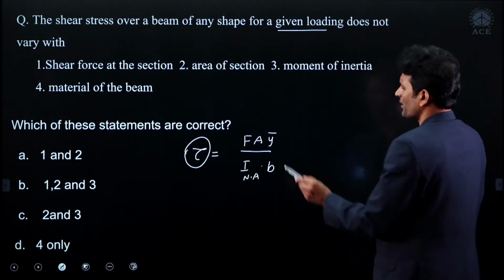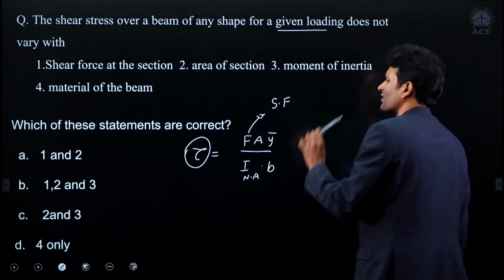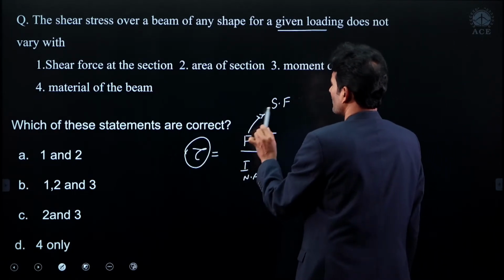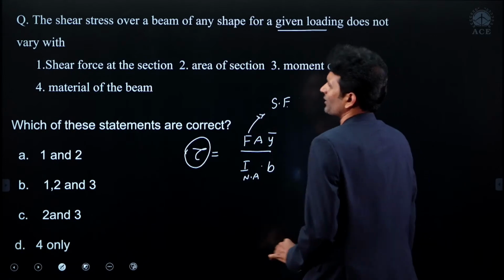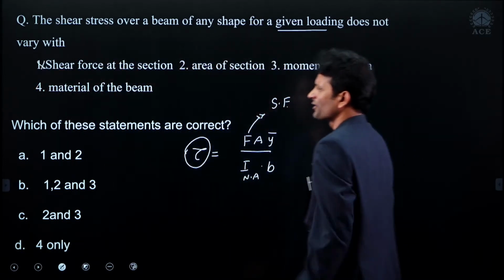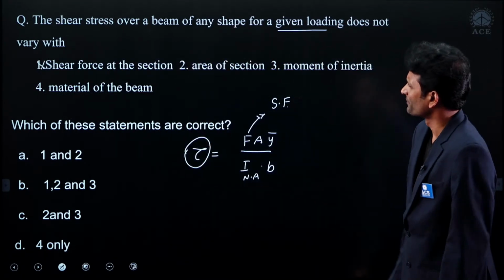What are the 5 parameters? F reflects the shear force acting at the section. Obviously, shear stress depends on the shear force acting at the section. So, ఇక్కడ ఈ స్టేట్మెంట్ అనేది రాంగ్. ఖచ్చితంగా అది డిపెండ్ అవుతుంది, బట్ వీడు వేరీ అవ్వలేదని అంటున్నాడు, డిపెండ్ అవ్వదని అంటున్నాడు.